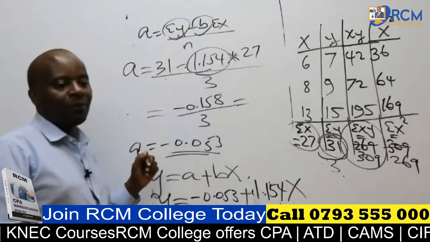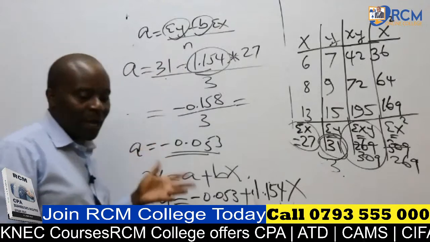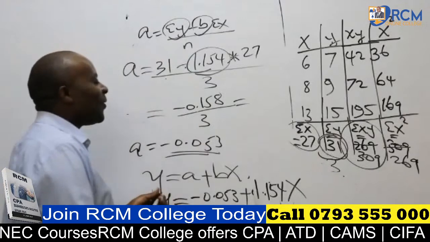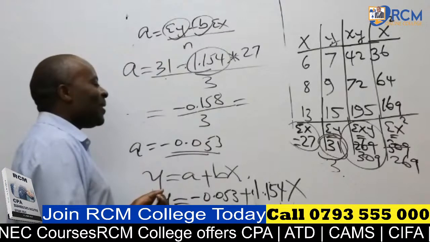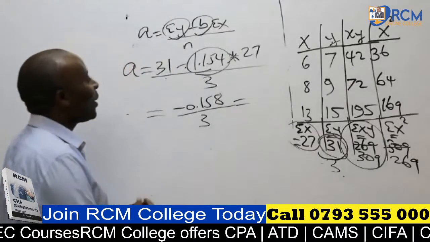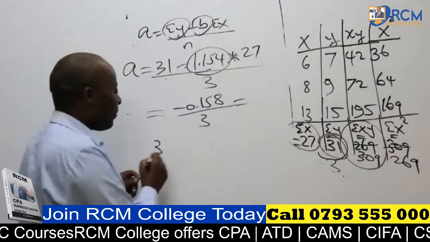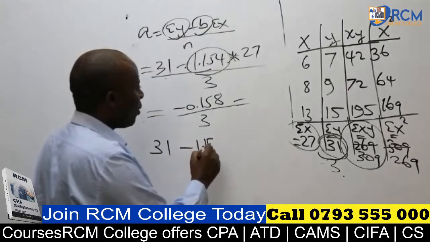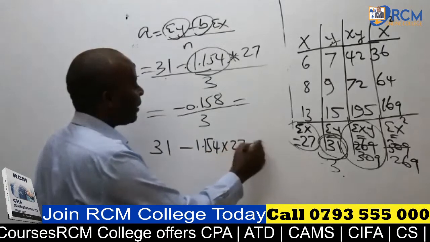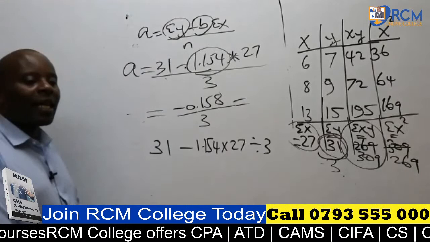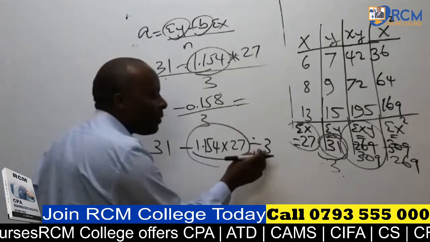Fatima, please, ukifanya, mimi najua nimemark exams za CASNEB for so long. I've marked CASNEB exams for so long, and I know the biggest mistake that students do. Utapata mwanafunzi wengi hata Fatima akifungua roho vizuri aseme, anasema kwa calculator 31 minus 1.154 times 27, alafu anasema divide by what? By 3. So unakuta calculator yake imepick this alone to be divided by what?